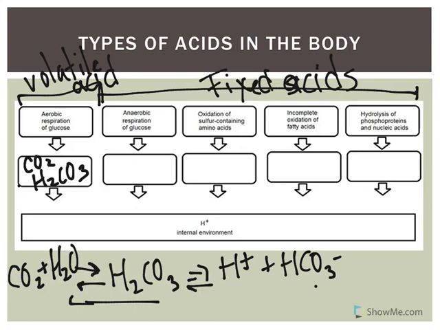Well, examples. Anaerobic respiration of glucose, you can produce lactic acid. Oxidation of sulfur-containing amino acids, like cysteine, you can form sulfuric acid.